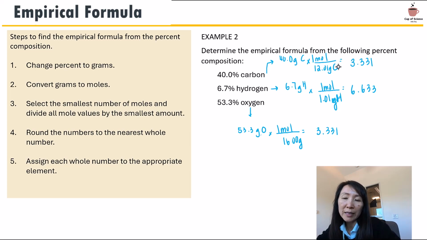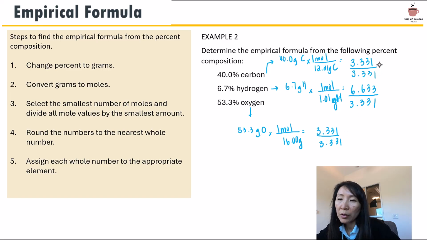We are going to select the lowest one, which is 3.331. There are 2 of them, so we can use either one, and divide all of these by 3.331, the lowest mole value. The top and the bottom one, the carbon and oxygen, are assigned number 1 since each is divided by its same number.